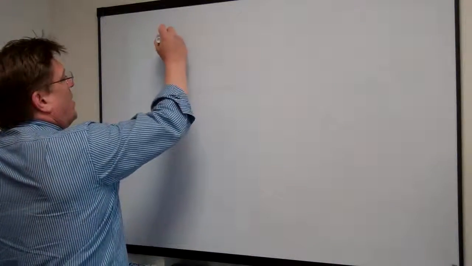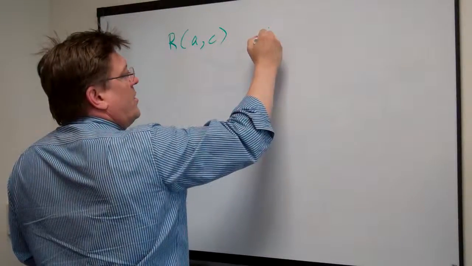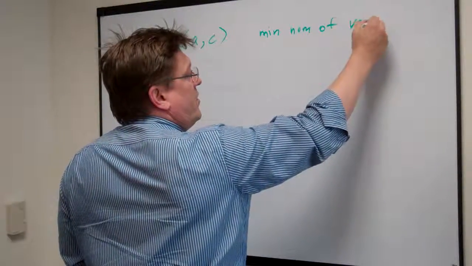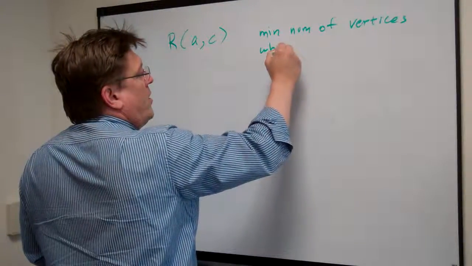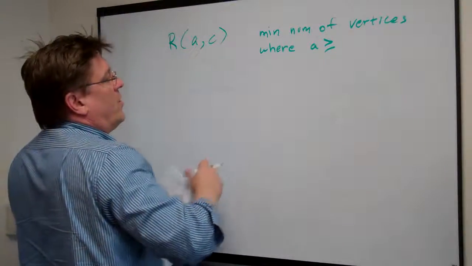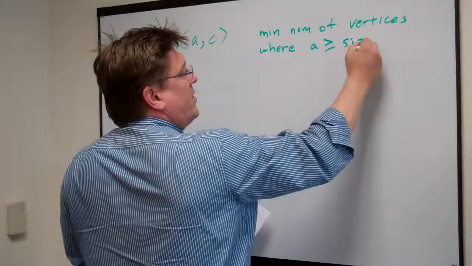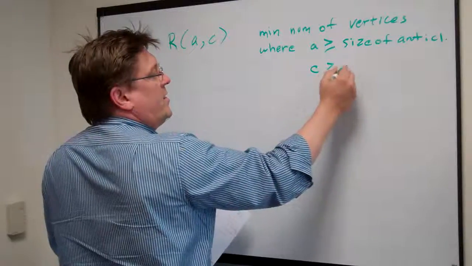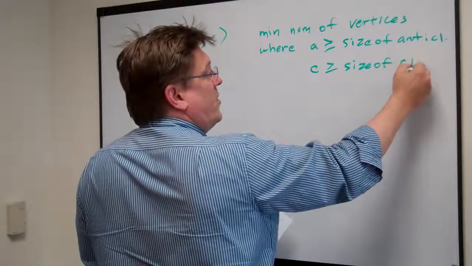The Ramsey number R of A, C is the minimum number of vertices, nodes, where the size of the anti-clique is at least A, and the size of the clique is at least C.